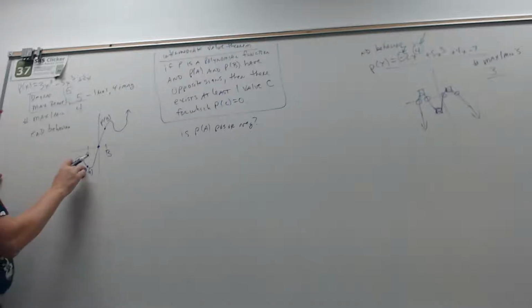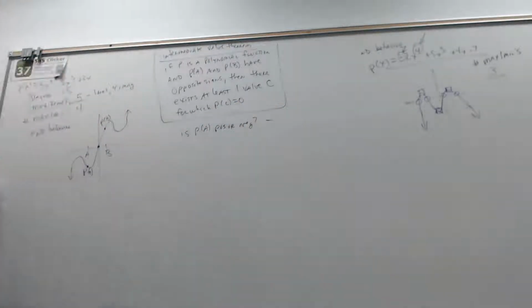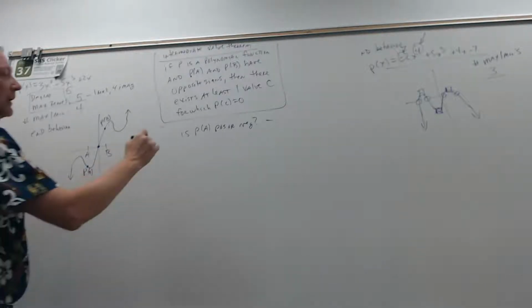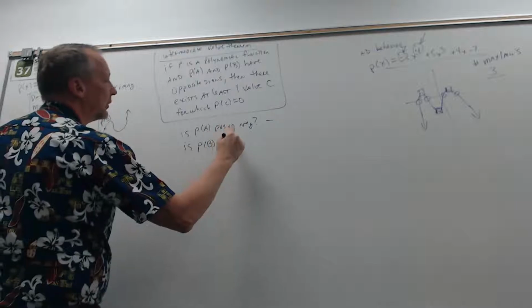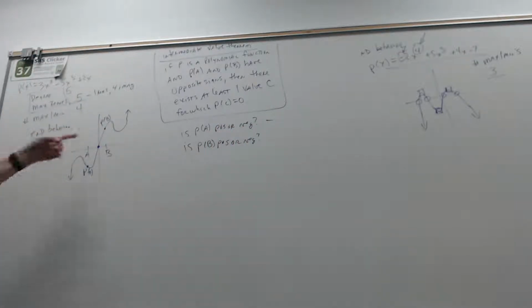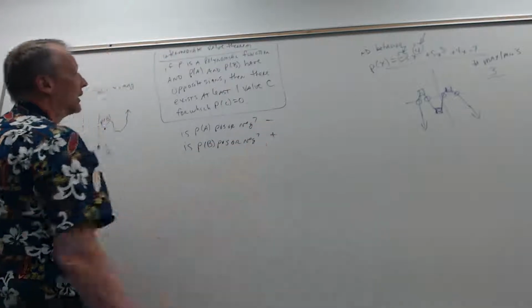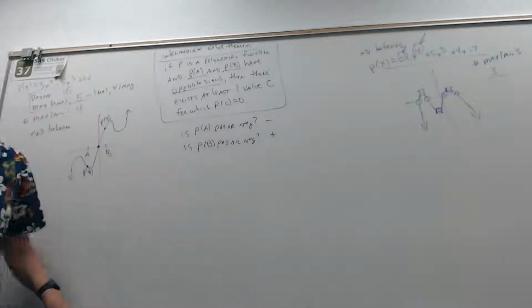P of A is a negative value. Is P of B positive or negative? It's positive, right? So P of A and P of B have opposite signs, correct?